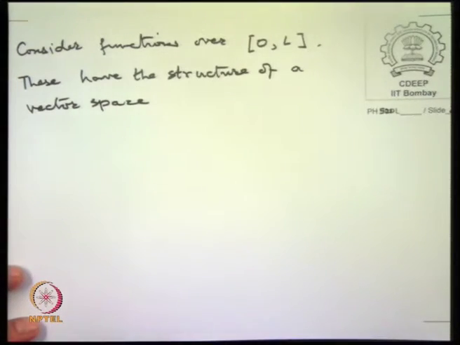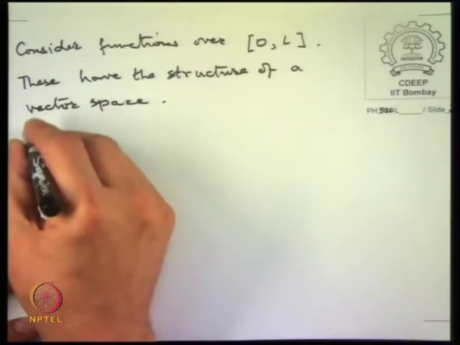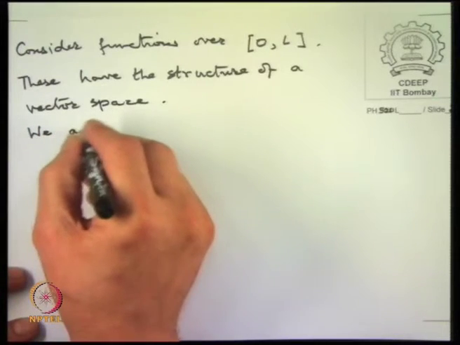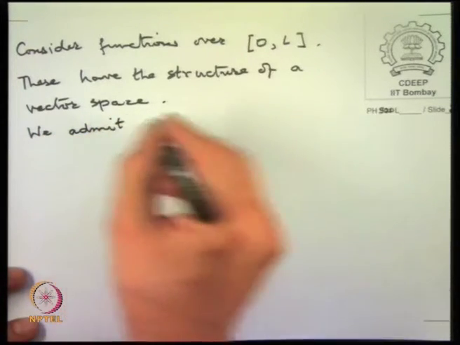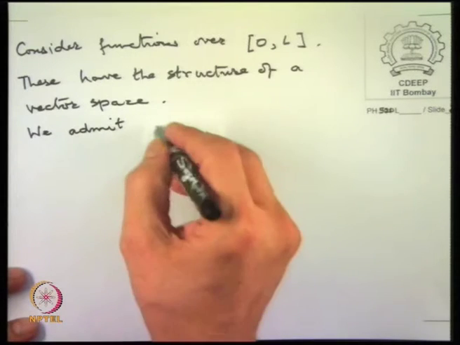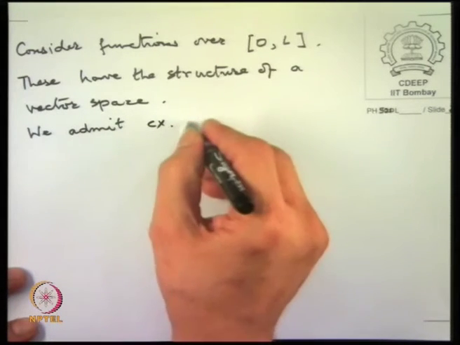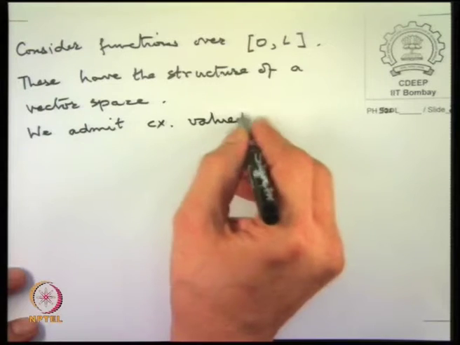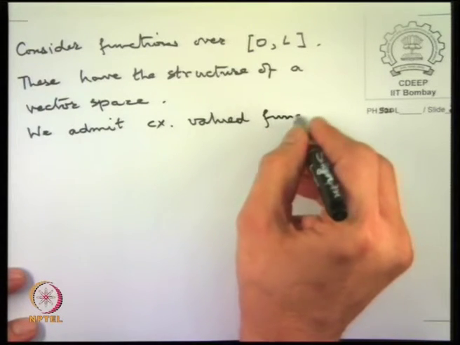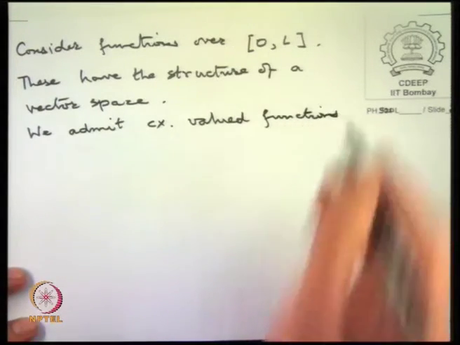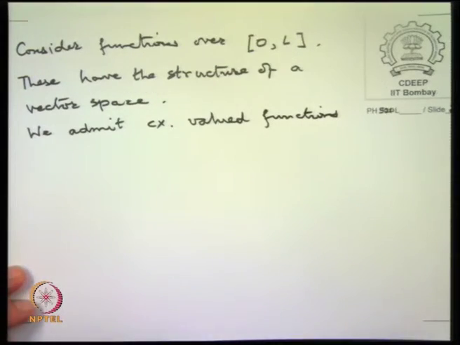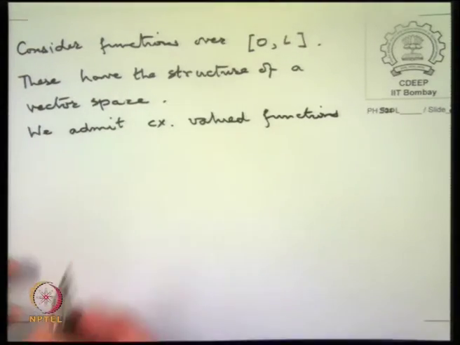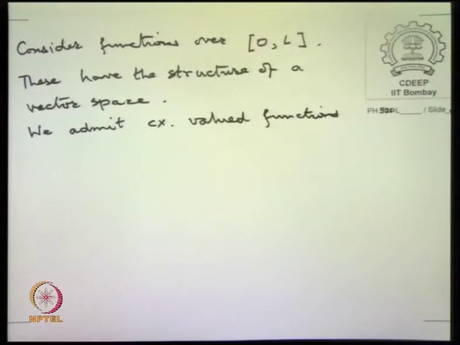And we can admit complex valued functions, because we want to write e raised to i x, etc. So although the domain is real valued, we take complex valued functions on that.